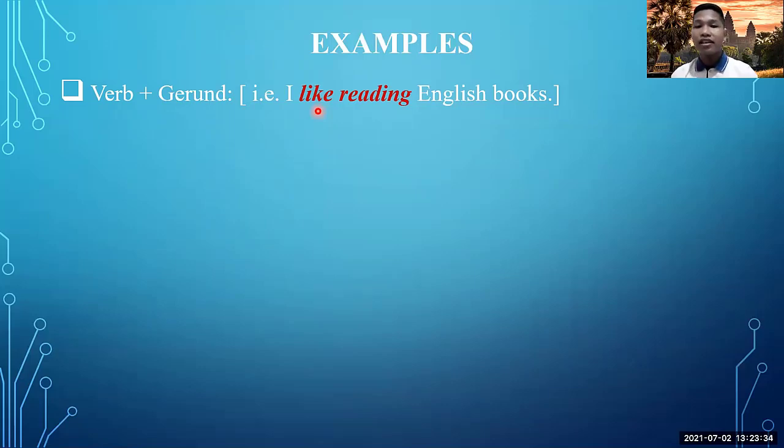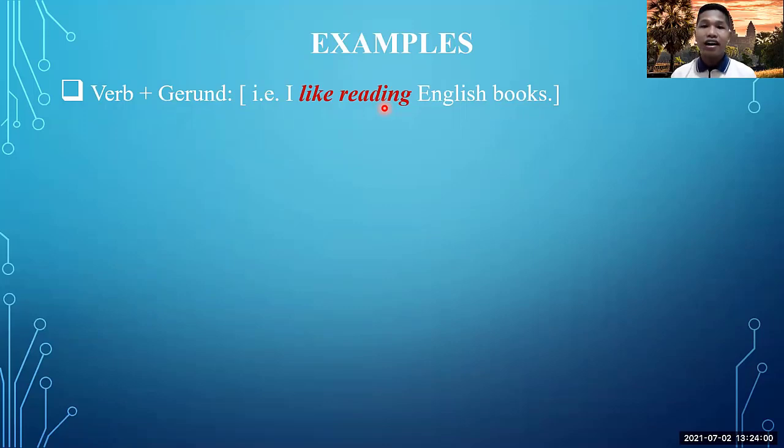If you see only "reading", it is also a verb, but a kind of gerund. It is a gerund. But together, a verb plus gerund, we call a kind of verb pattern, which is the first form of a verb pattern.